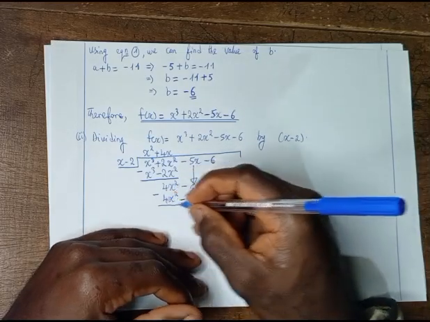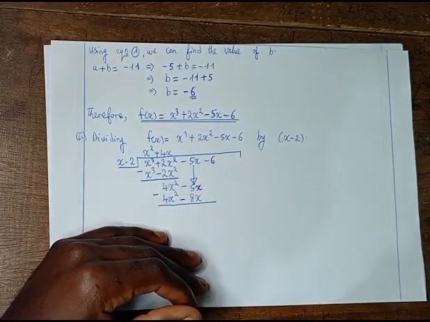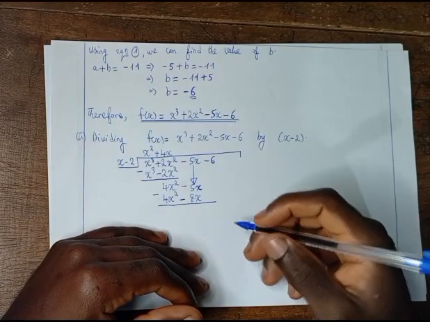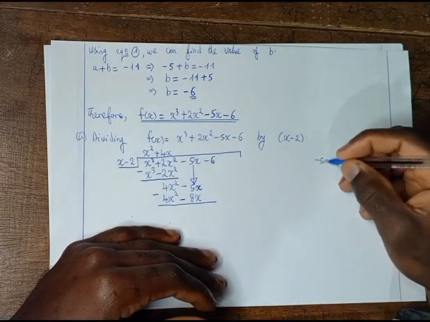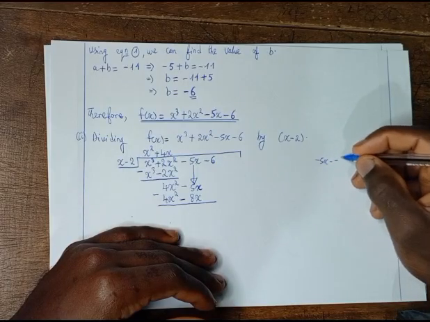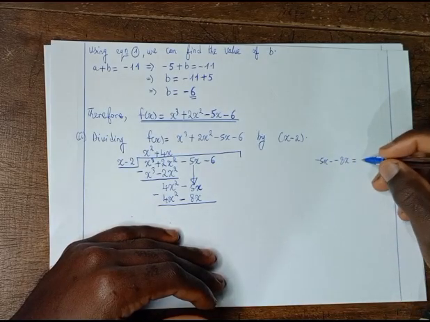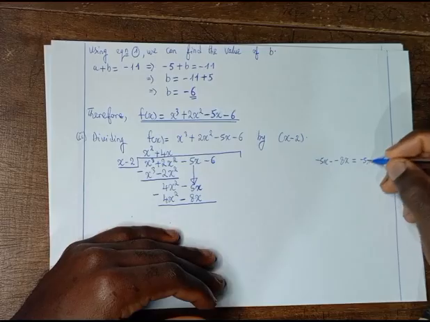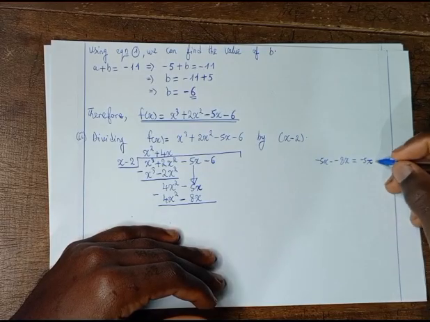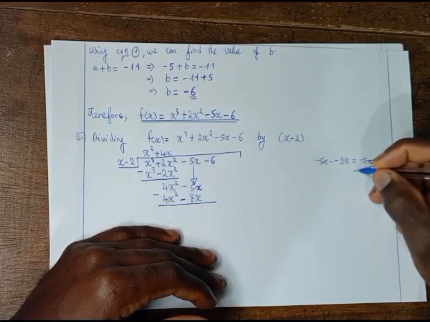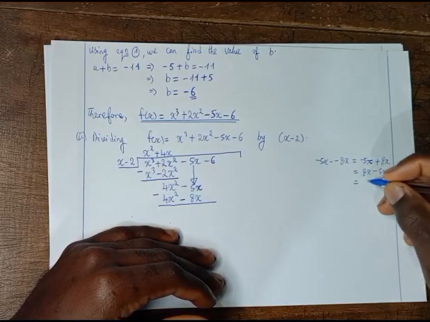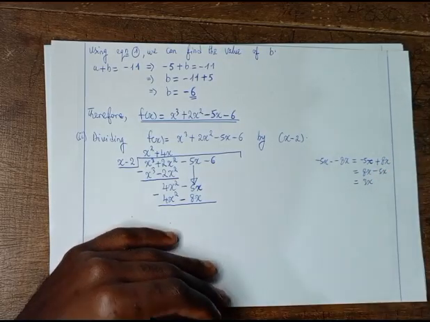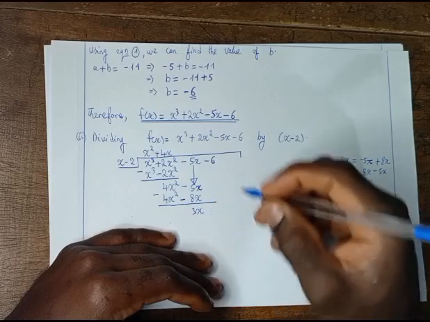Next, we subtract. 4x squared minus 4x squared will give us 0. Negative 5x minus negative 8x is the same as negative 5x, and negative negative becomes positive, plus 8x. This will simply give us 8x minus 5x, which is 3x.